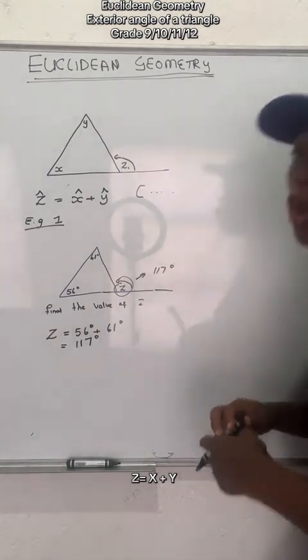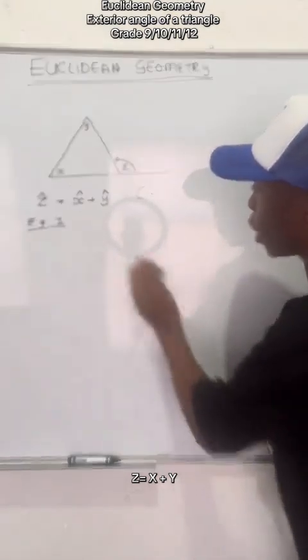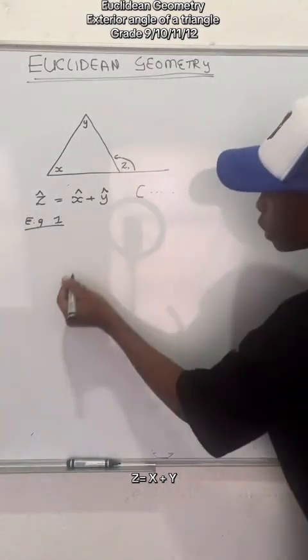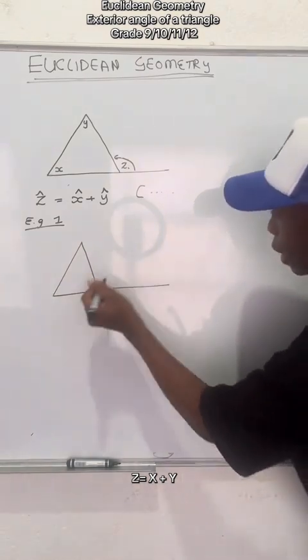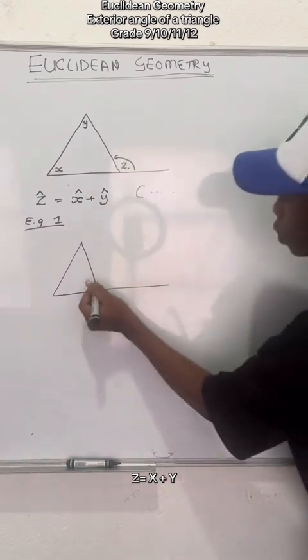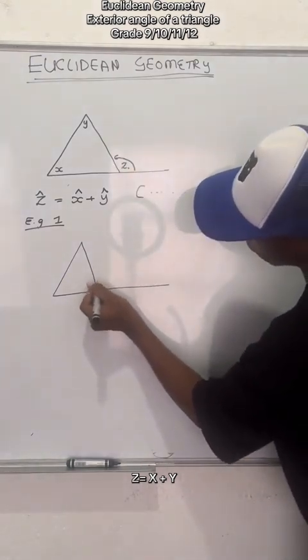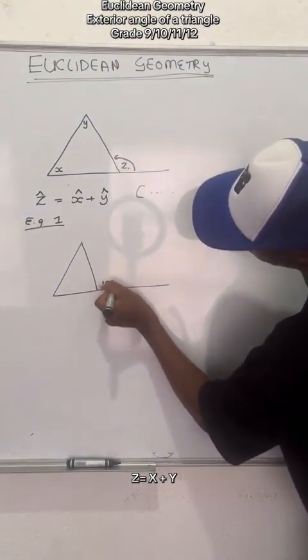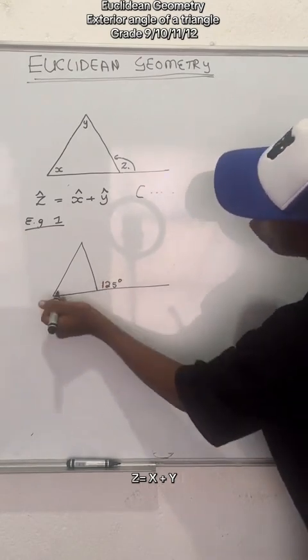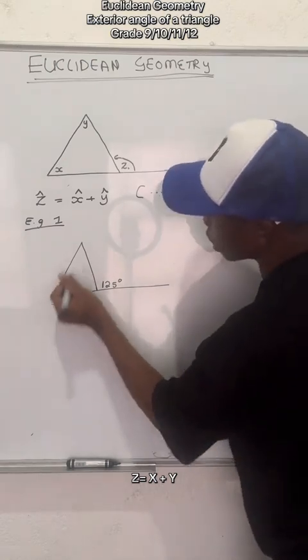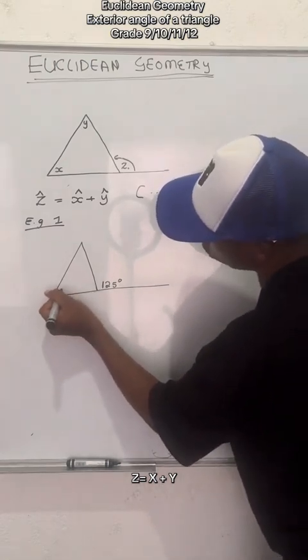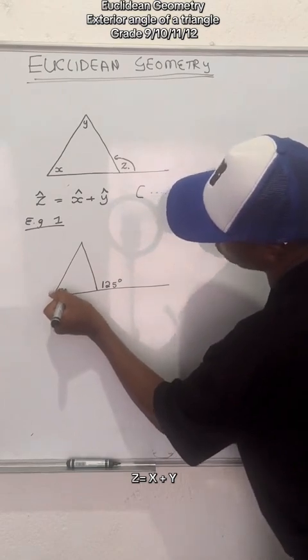Let me just give you your own so that you see whether you understand it. Now, let me give you your own and say this is a triangle. I extend this triangle. But now, look at this. I'm giving you Z as 125 degrees. Let me give you the value of X and say X is equal to 55.